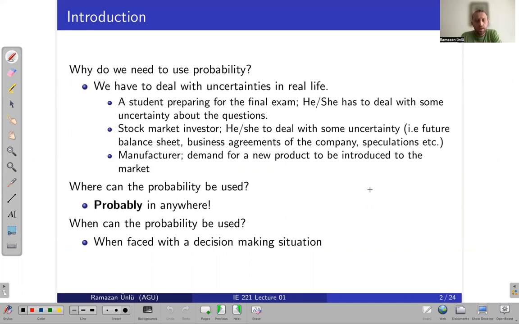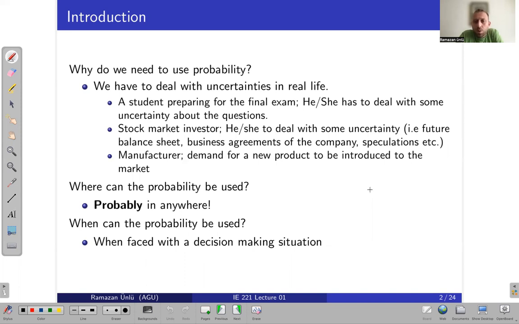For example, imagine a student, she or he preparing for the final exam. She or he has to deal with some uncertainty about the questions, right? Imagine yourself preparing for the final exam, but you don't know which questions will be asked. What would you do in this situation?